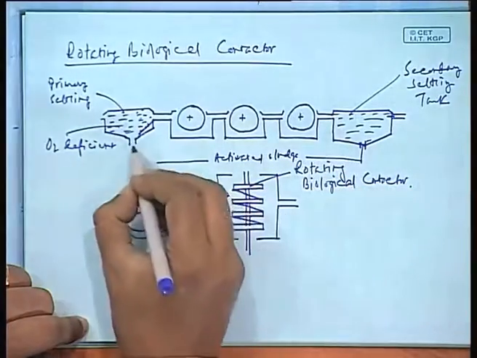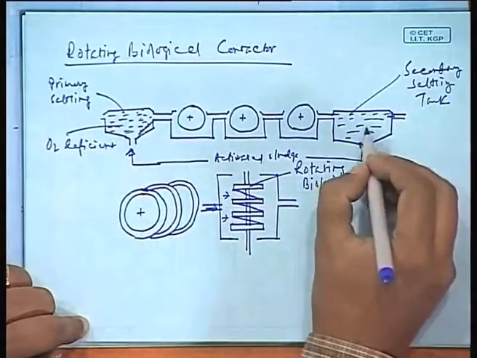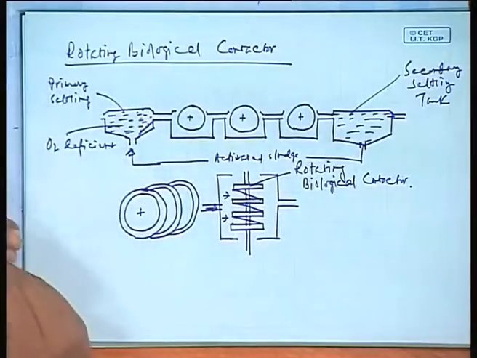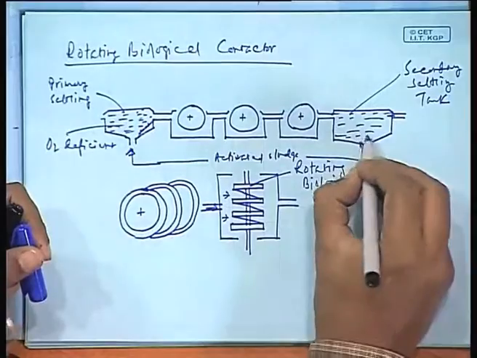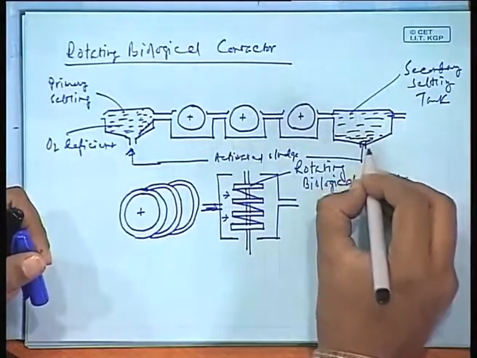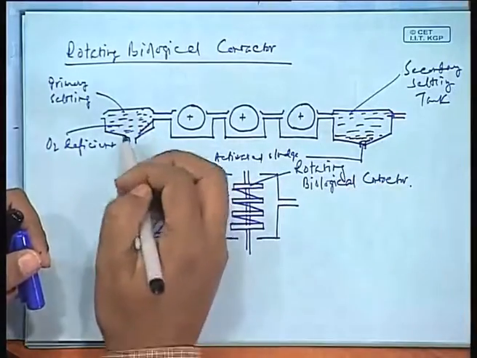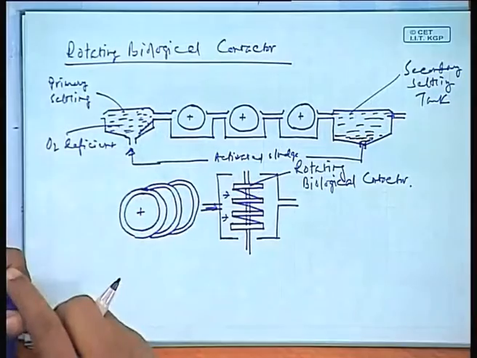This activated sludge is generally sent back here. Some of the sludge produced here would selectively be brought back and supplied into this water. The reason is very simple.